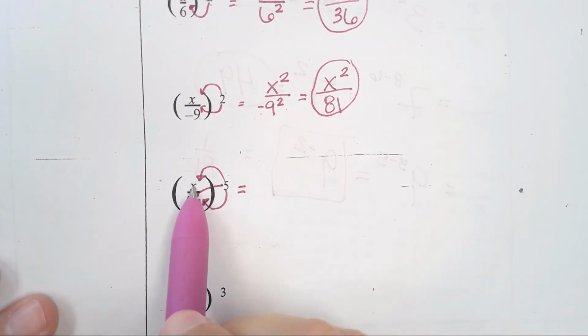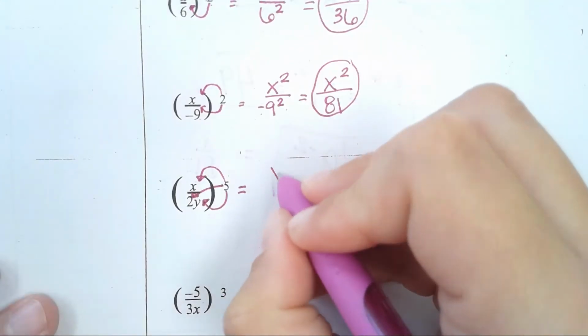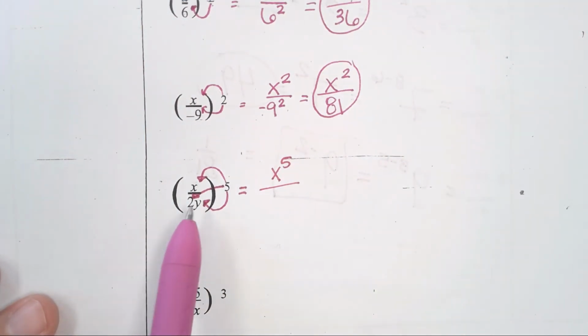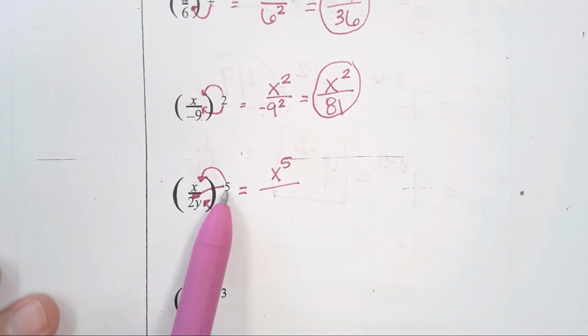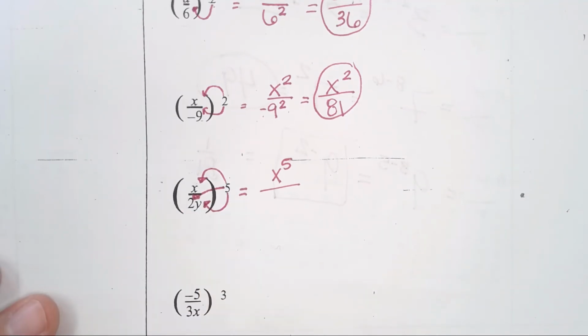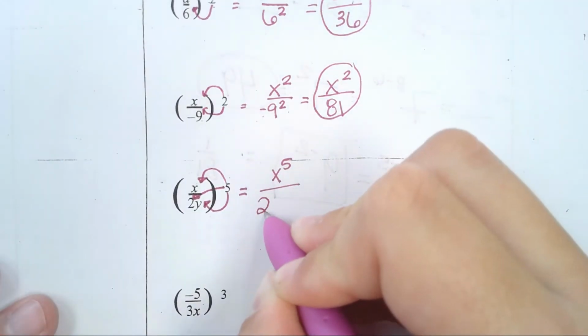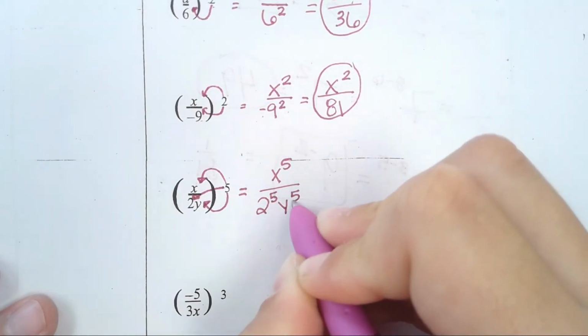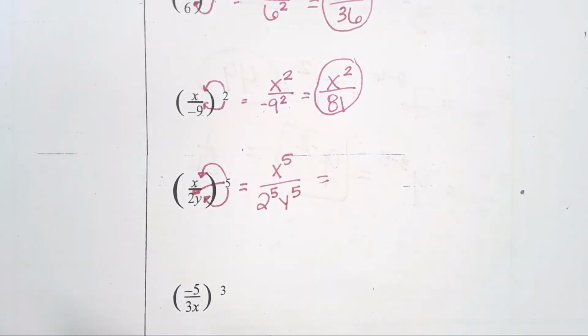So x to the power of 5 is just x to the 5th power. And when you take 2y to the 5th power, the 5 goes to the 2 and the 5 goes to the y, so this is going to be 2 to the 5th power times y to the 5th power. Again, that 5 goes to every single item on the inside of the parentheses, and then you simplify like normal.